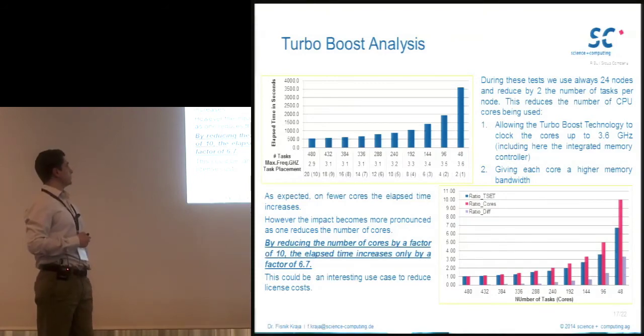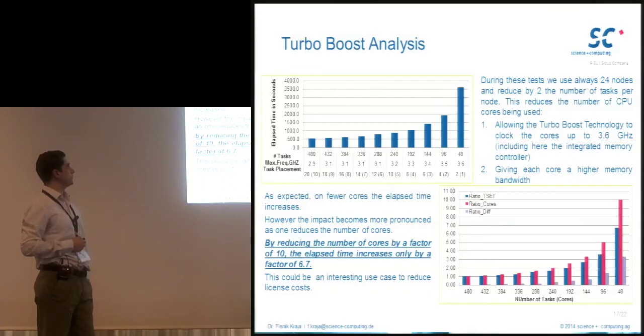So we do runs on 24 nodes and 480 tasks, with 20 tasks per node and 10 per core, and then we start reducing by 2 the number of tasks per node, and then we go to the run on 24 nodes with 48 tasks, 2 tasks per node, 1 per CPU. And we measured the CPU frequency, and it turns out that it changes like this.